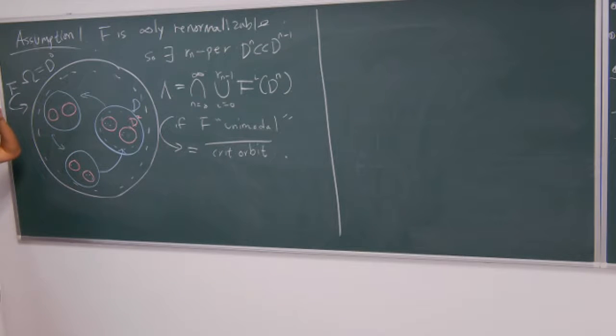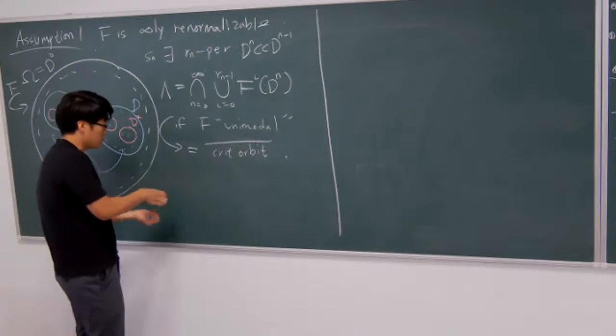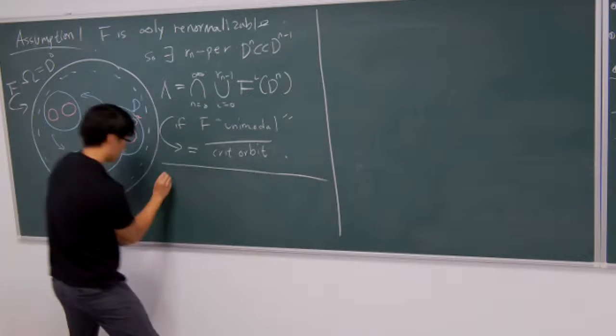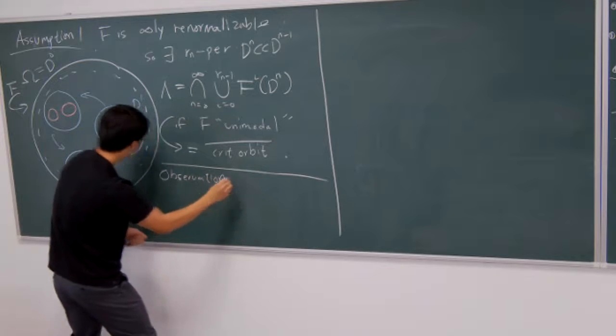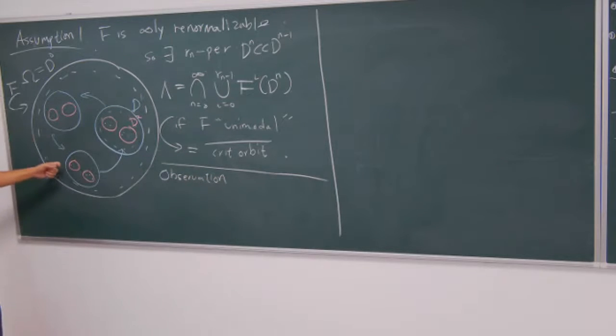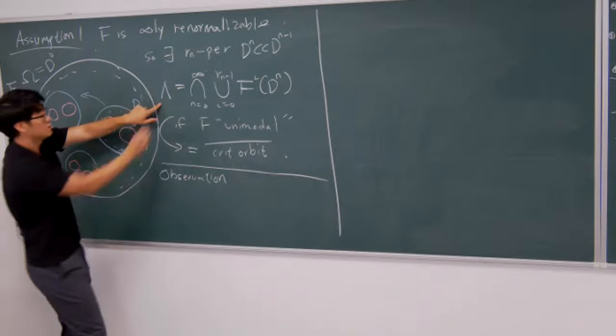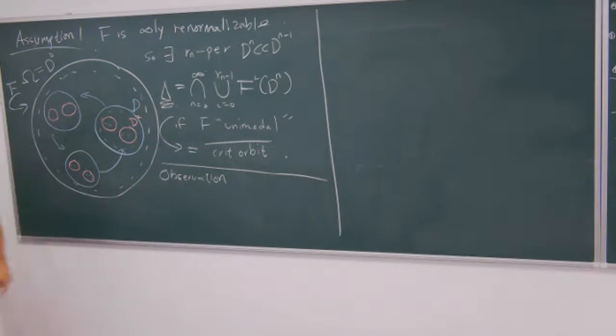And we'll start with the following observation. You take this limit set, this odometer, and it's an invariant set. So you can assign some kind of Lyapunov exponents to this set.